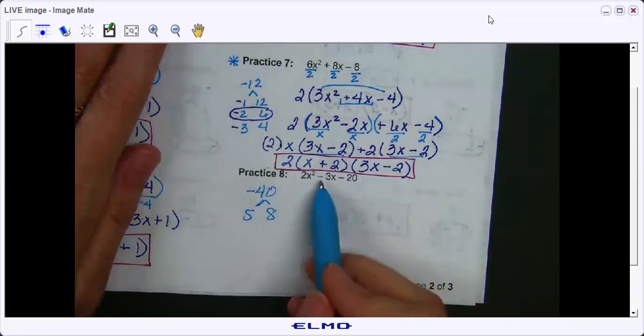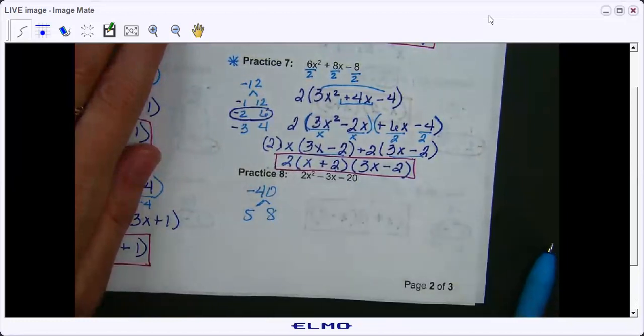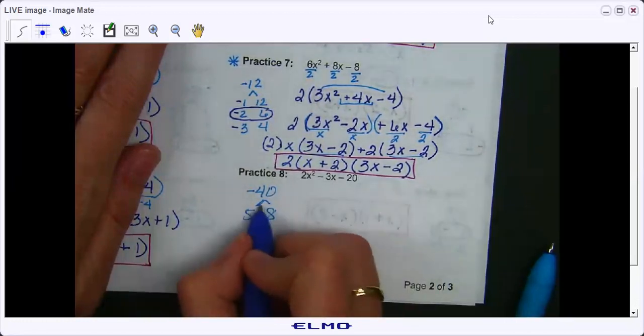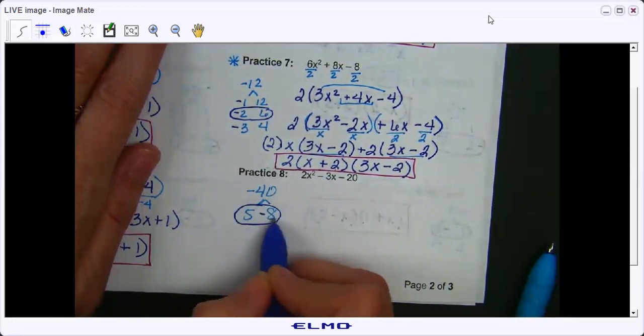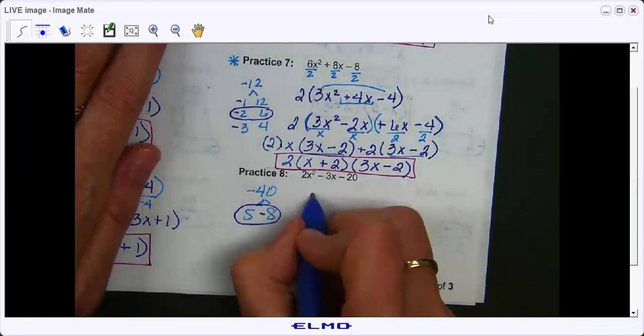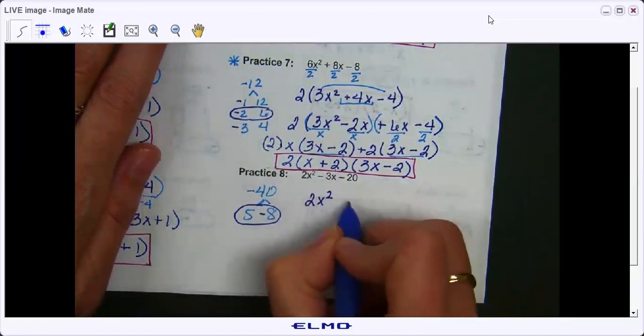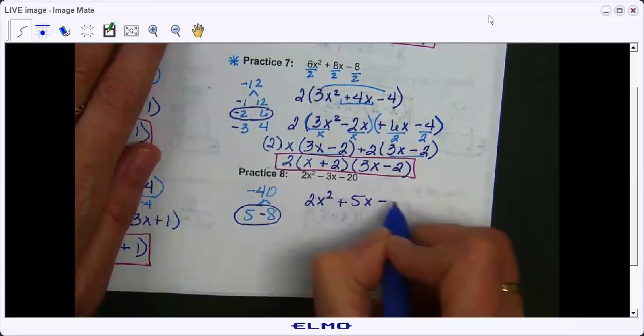So since 3 is negative, my bigger number has to be negative, so that 8 is going to be negative. So 5 times a negative 8 gives me a negative 40. 5 minus 8 gives me a negative 3. So those two factors work out. And so now I'm going to plug those in and replace the negative 3x.